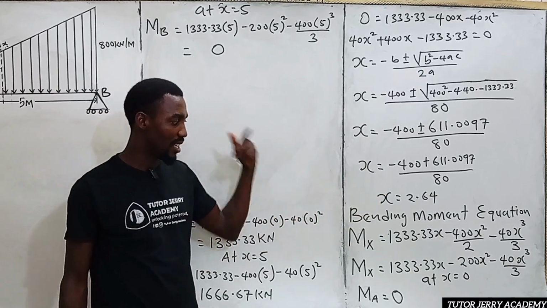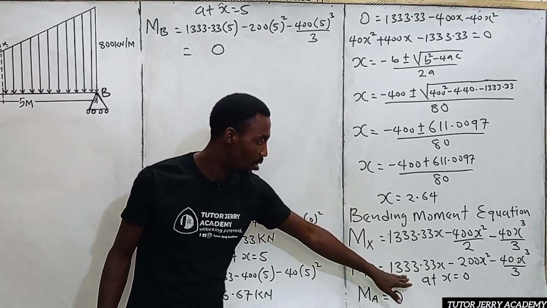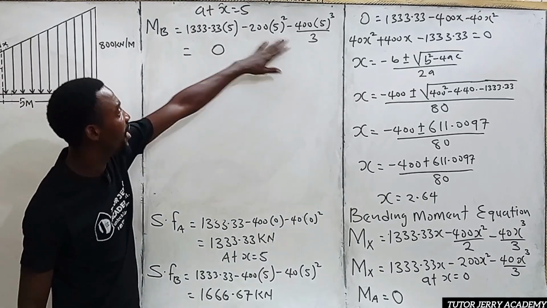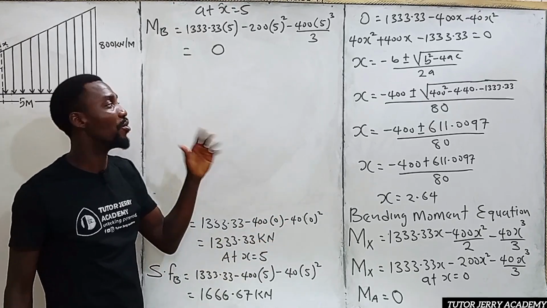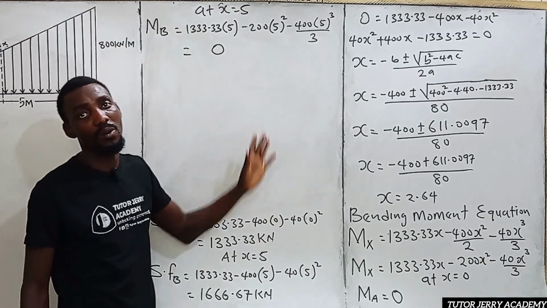I have tried some questions like this, where I substituted 5 here and got 0.0 something. But if you already know the concept in your head, you should know that the answer here is supposed to be 0.